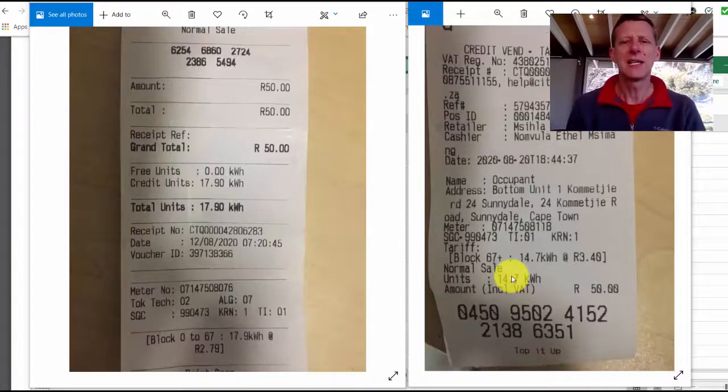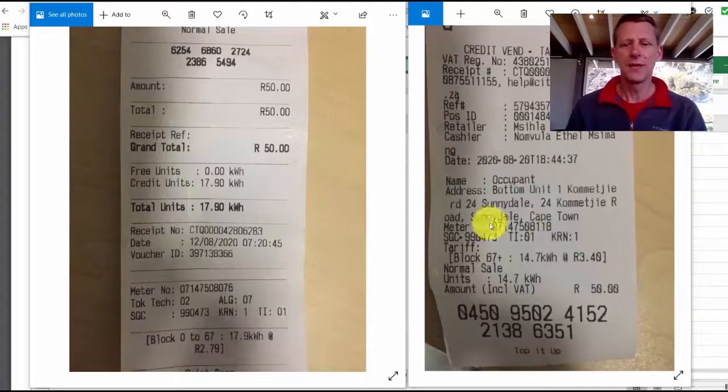The municipality says that every month, your first 66 units is going to be cheaper than if you then buy more than the 66 units. And we can see that because here in the first one, it says that from the first block, in other words, from 0 to 67 units, you're only paying R2.79 for 1 unit.